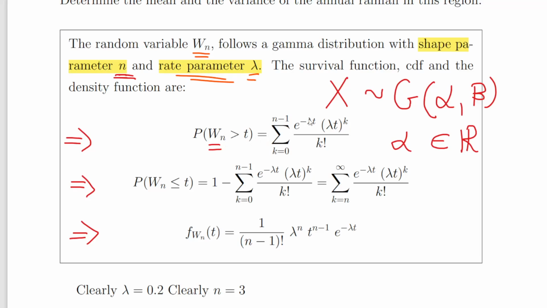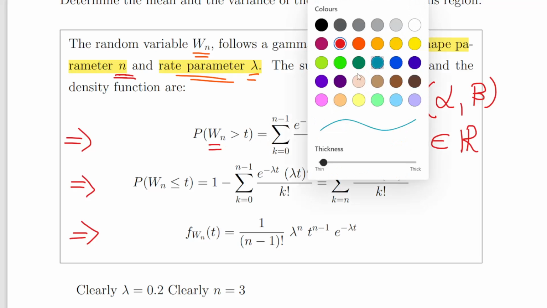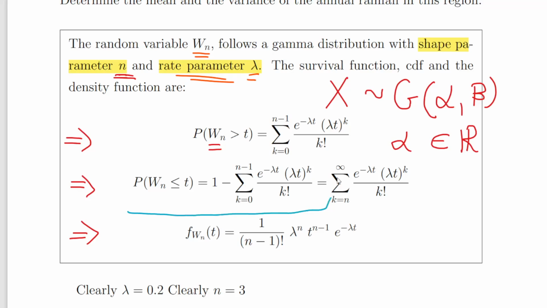For the sake of brevity, I'm going to focus on this part here: the probability of Wn being less than or equal to t. This is the cumulative distribution function of Wn, and that is 1 minus the summation from k equals 0 to n minus 1 of e to the minus lambda t times (lambda t) to the power of k over k factorial. So we want to match that up with our expression above.